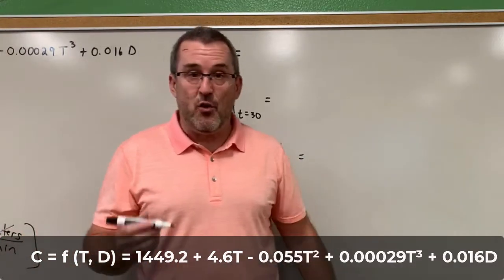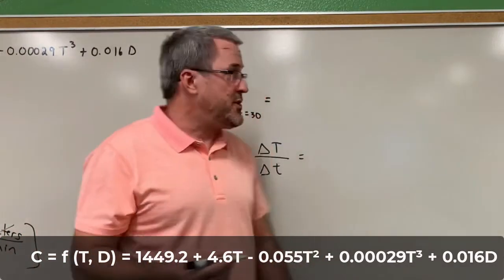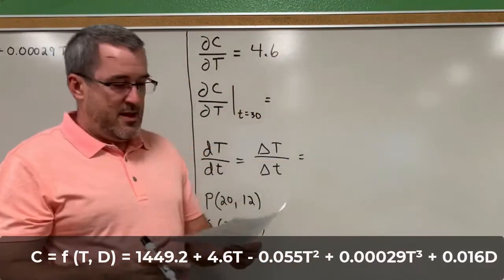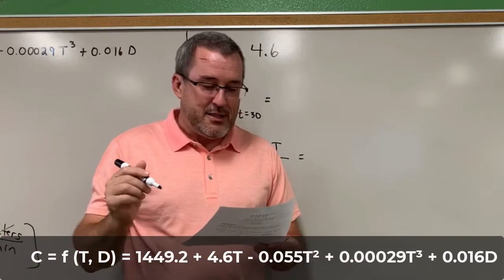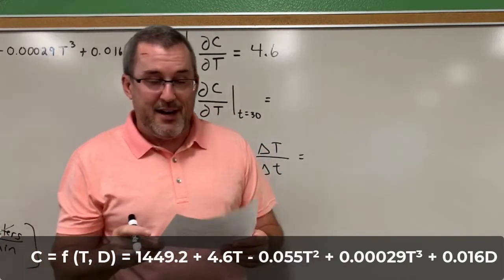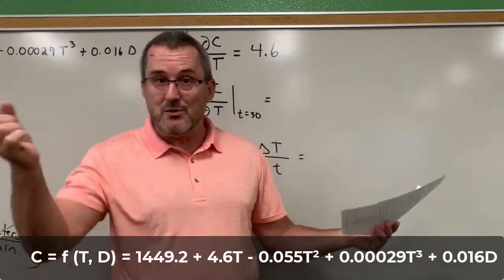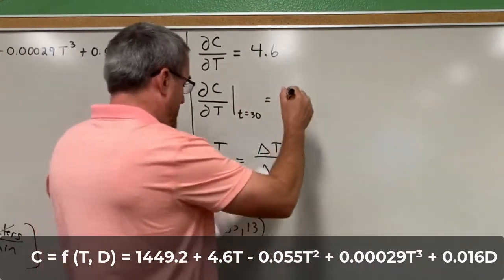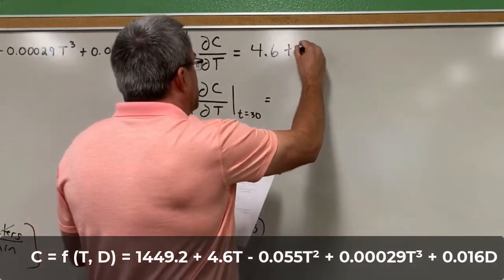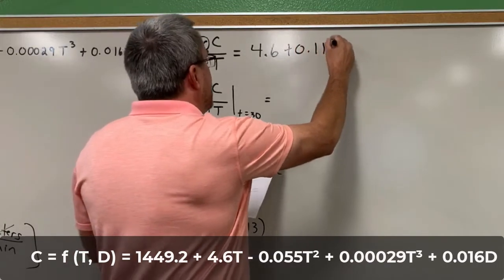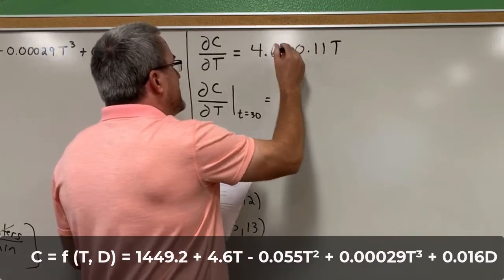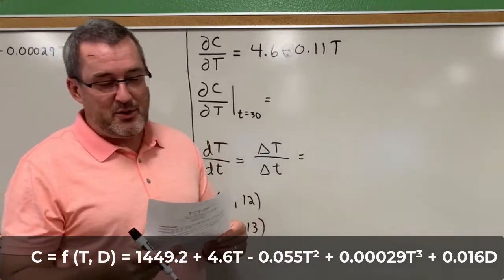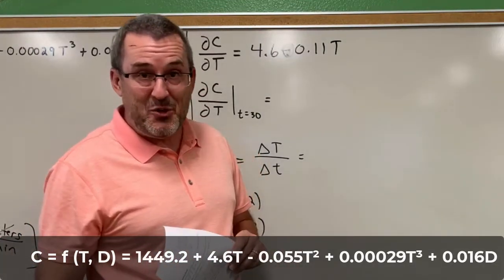The next term, 4.6t. The derivative of 4.6t is just 4.6. The next term was a minus 0.055 t squared. Power rule, 2 comes down front, decrease the power by 1, and that will compute to be 0.11 t, except it was being subtracted. The next term was a 0.00029 t cubed.